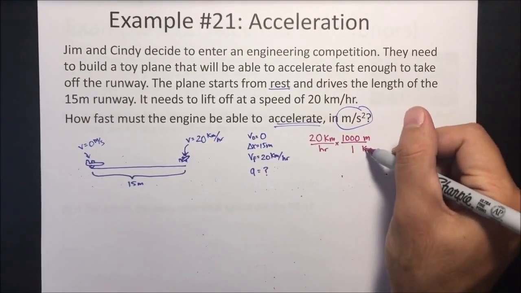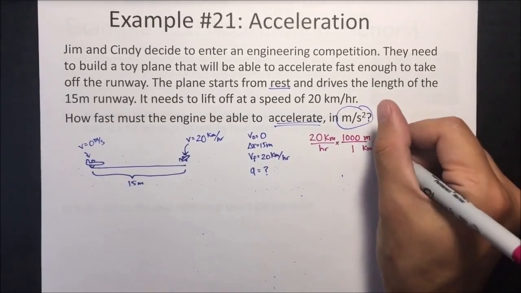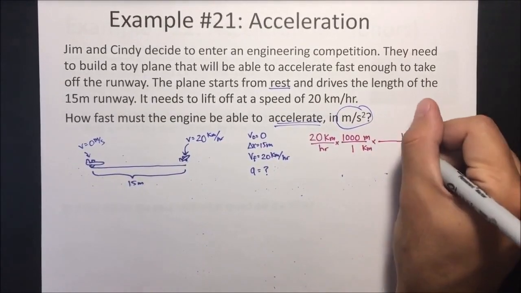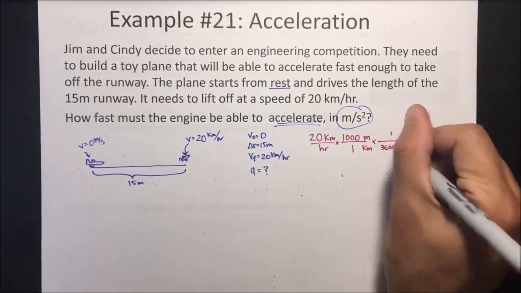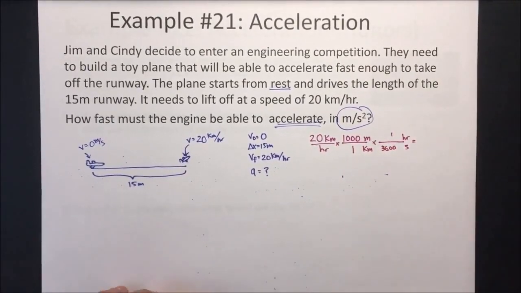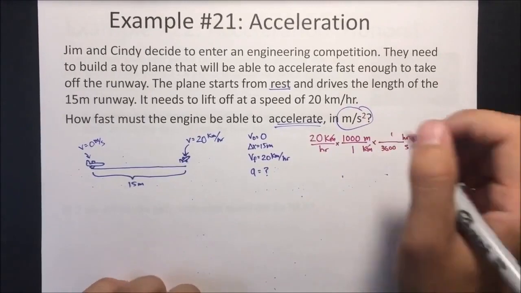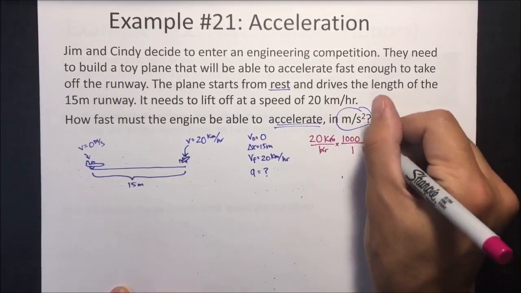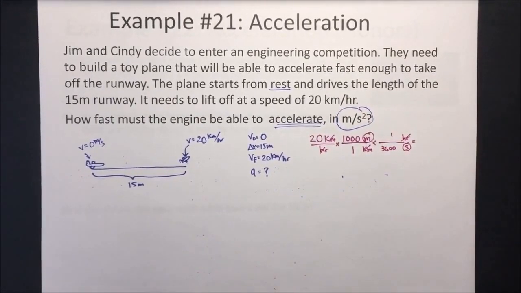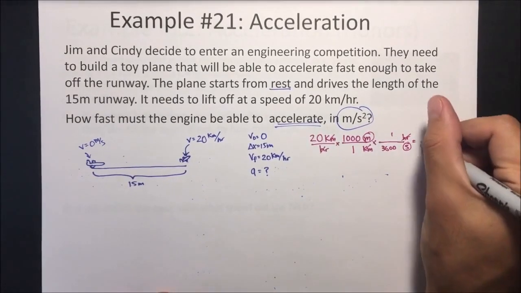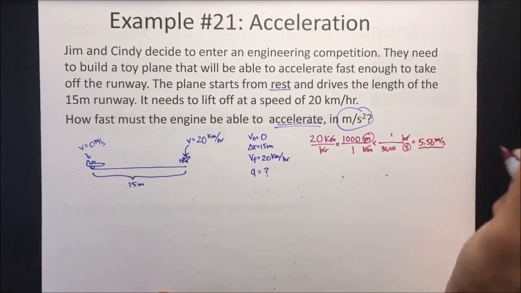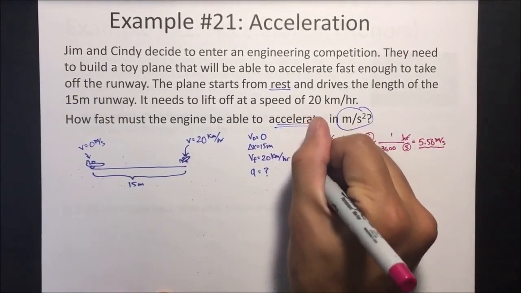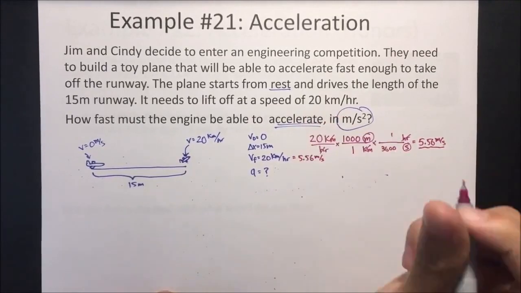Whenever you see this K, it stands for 1,000. And then we know that 1 hour is equal to 3,600 seconds. Get rid of this kilometer, get rid of this hour, and we get what we want, our meters and seconds. Do a little bit of algebra, and we get that this is going to be equal to 5.56 meters per second. Okay, so we can change this to 5.56 meters per second.